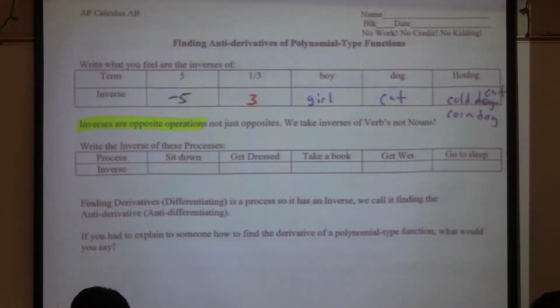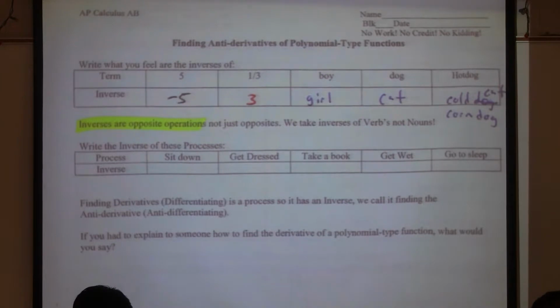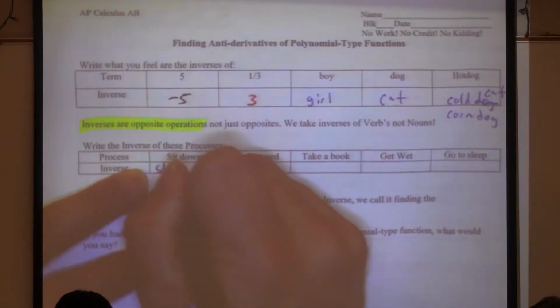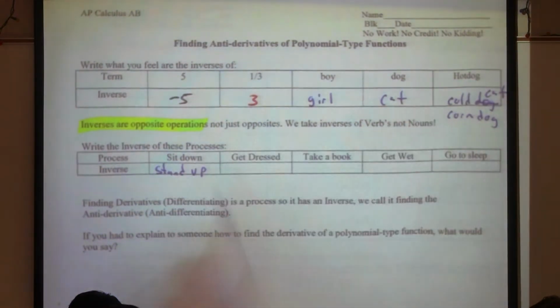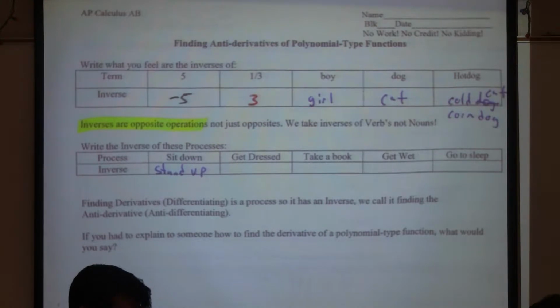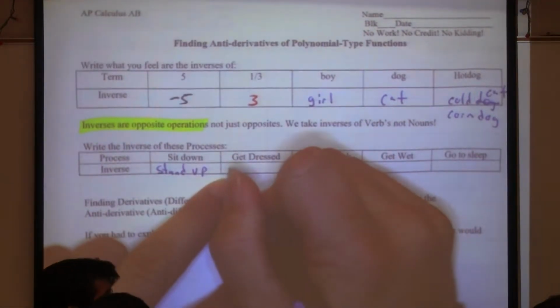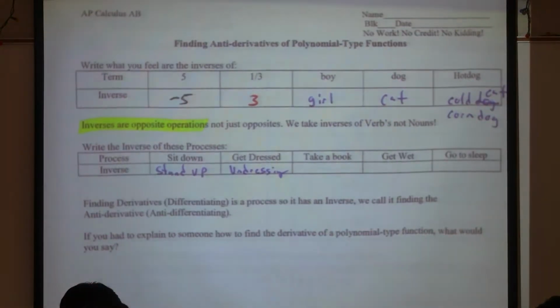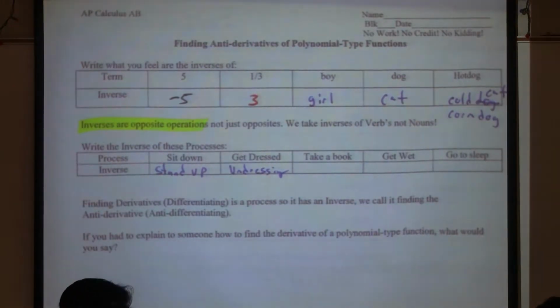So let's look at these processes and see if we can write the inverse of them. What would be the inverse process of sitting down? Standing up. What would be the inverse of getting dressed? Undressing. What would be the inverse of taking a book? What would cancel that out?